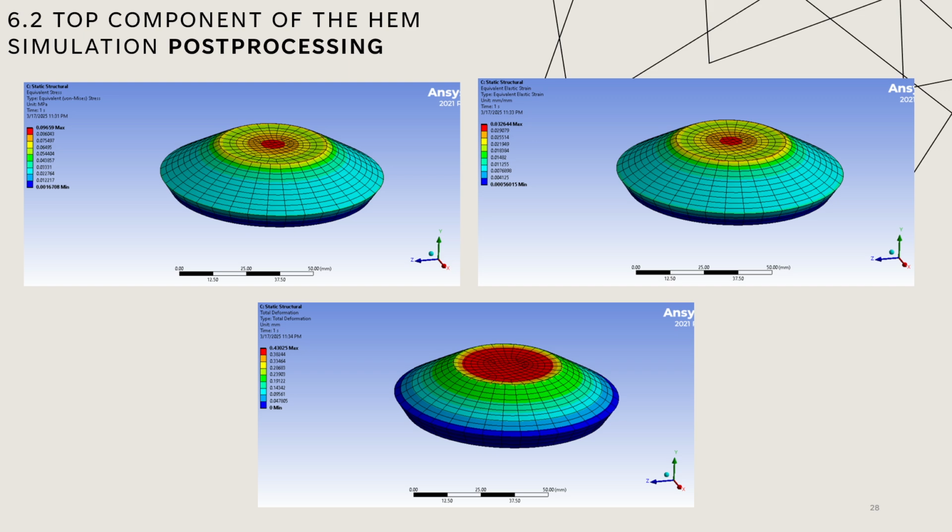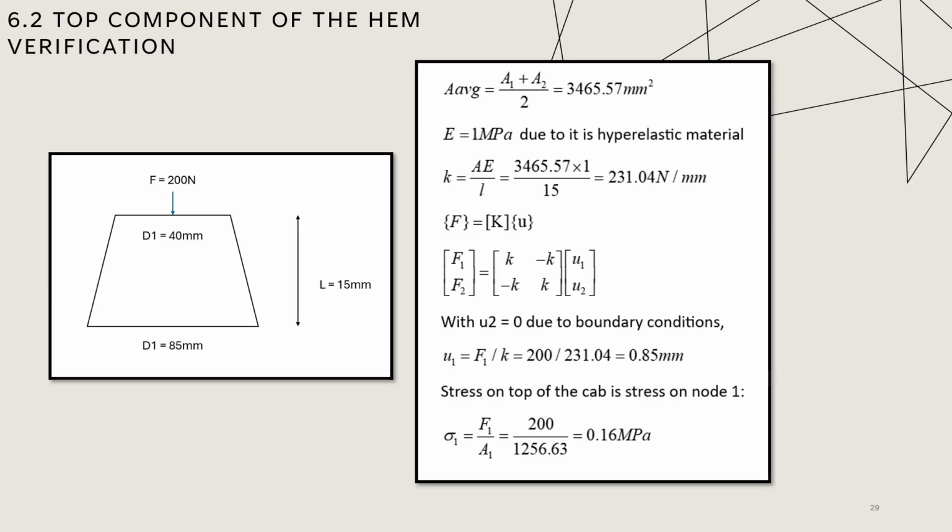After finishing the simulation, I did a verification by assuming the cap and the rubber spring as a structure, the same as in the pictures I'm showing on the screen right now. This shows the dimensions of the cap and the bottom of the rubber spring and also their length.